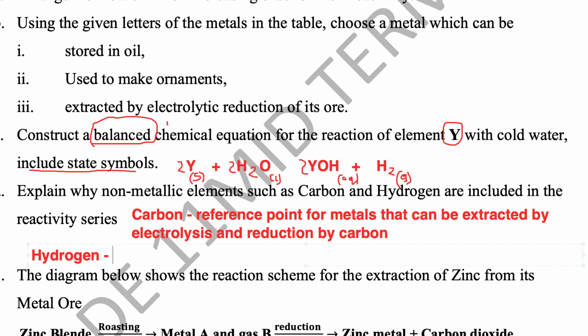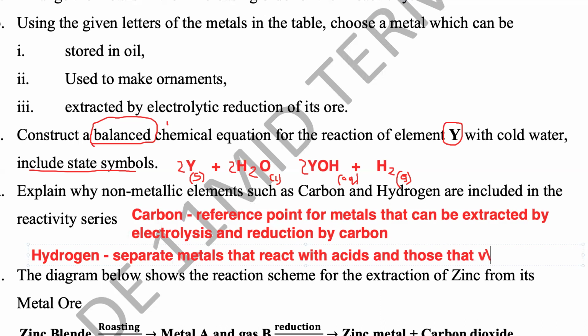So this one is also there to separate metals that react with the acids and those that cannot. So that's why these 2 elements are actually included in the reactivity series. So one is a reference point for metals that can react with acids. Then the other one is for the methods of extraction.